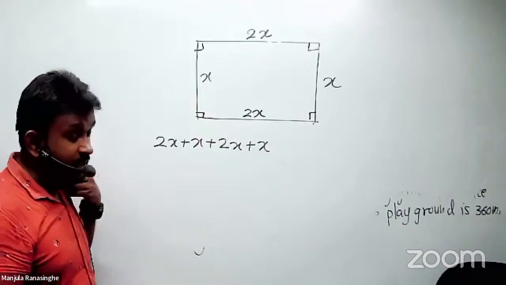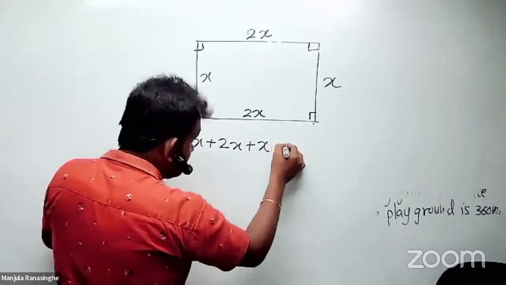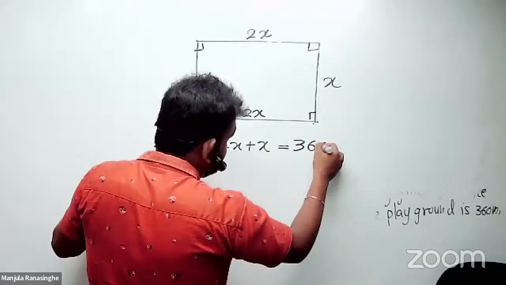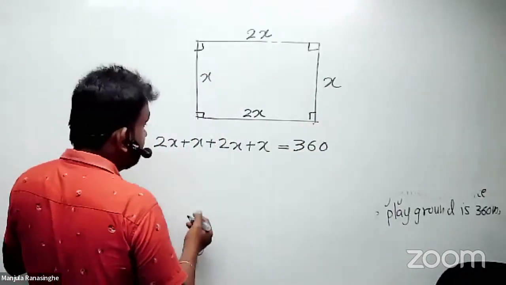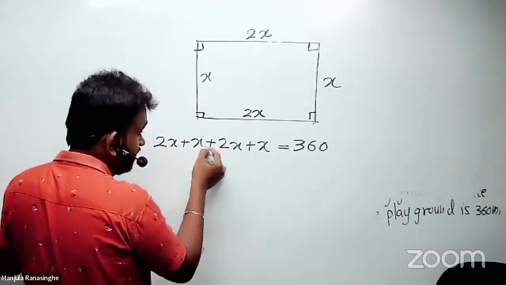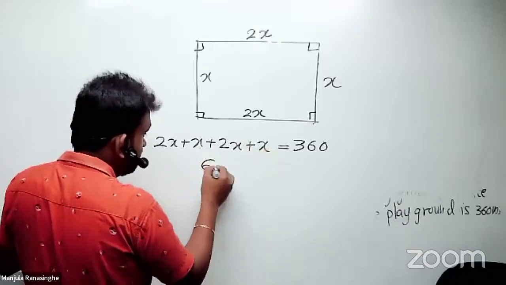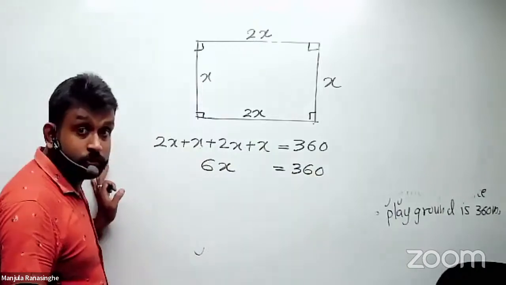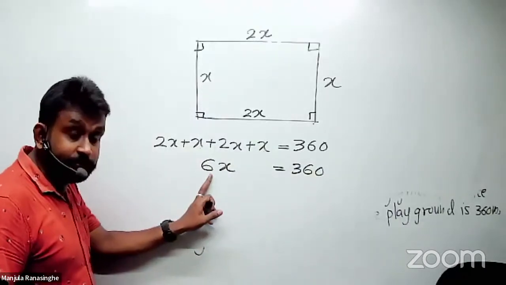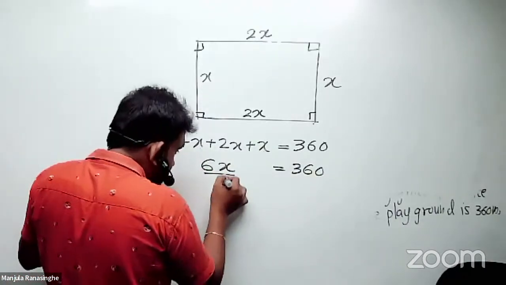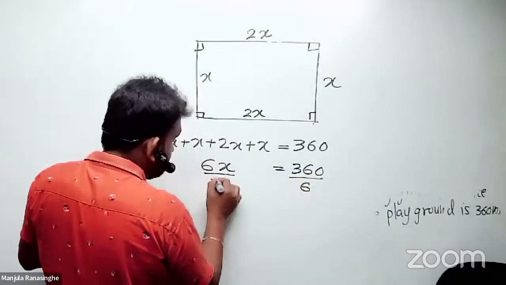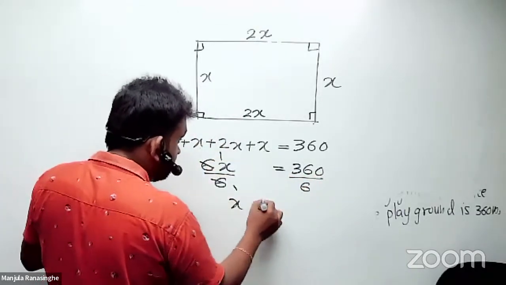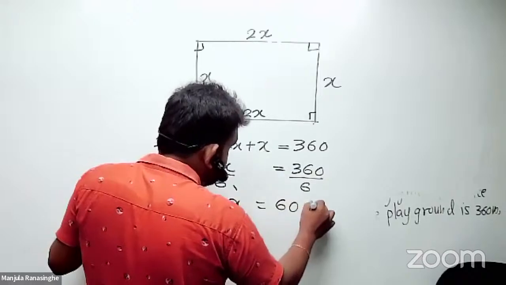That sum equals the perimeter, 360. So 2x, 2x, 4x, 5x, 6x. So 6x equals 360. Divide by 6 to find x, and 6 cancels. So x equals 60.